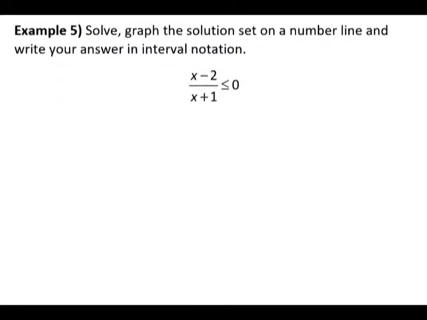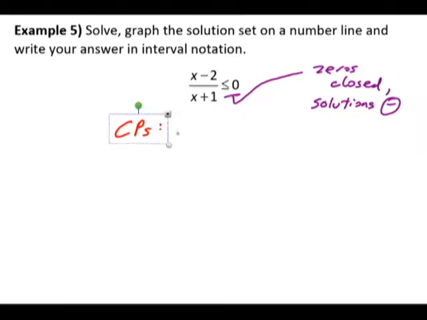First, the information we can glean from the inequality itself. The zeros will be included, so they will be closed points. And we'll be looking for negative intervals. Here are our critical points from the numerator and from the denominator. We'll still build a number line.